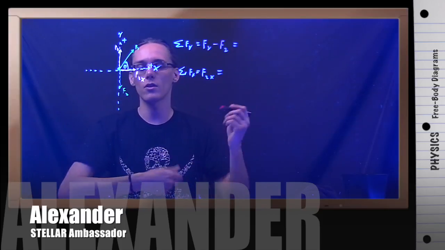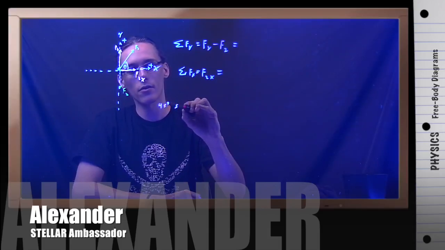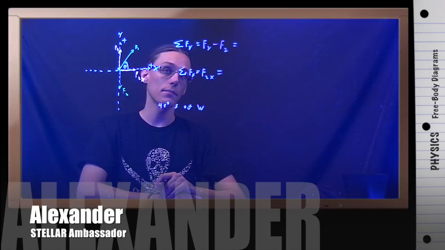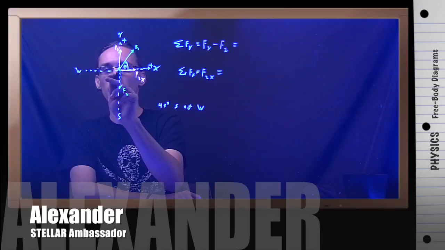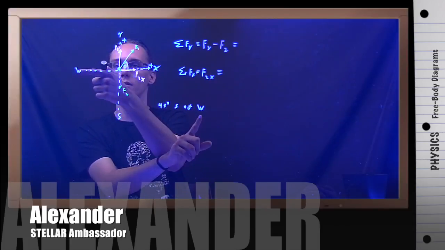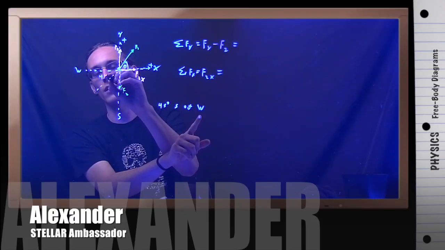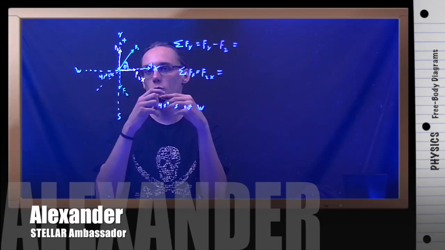And you might see terminology like 45 degrees south of west. The way you would interpret that is west is over here. So starting at west, I go 45 degrees south of that. And so this would be 45 degrees south of west. So keep that in mind as well.